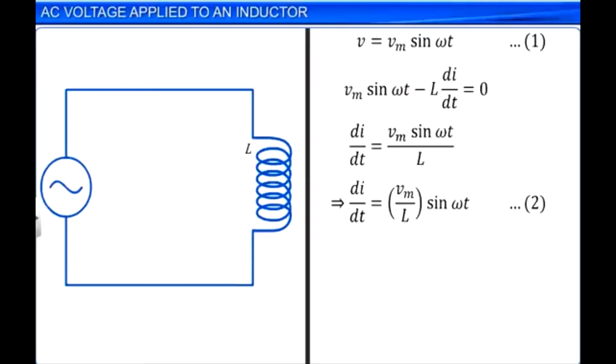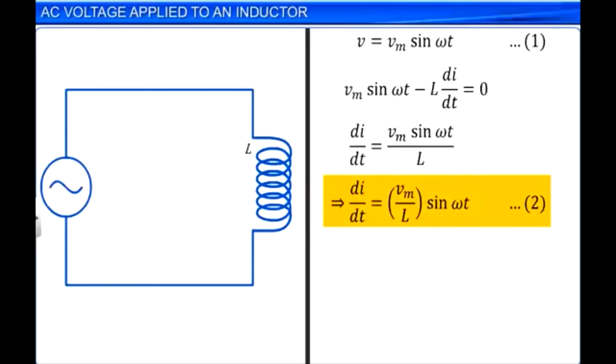Equation 2 is a simple differential equation. It tells us that the first derivative of the current with respect to time is a harmonically varying quantity with an amplitude Vm by L and an angular frequency omega. This implies that this derivative is in phase with the applied potential difference.